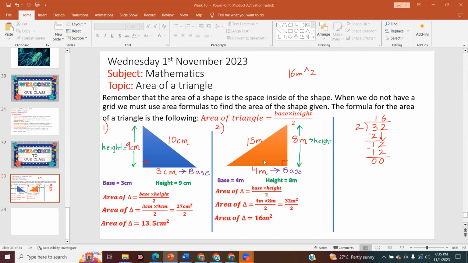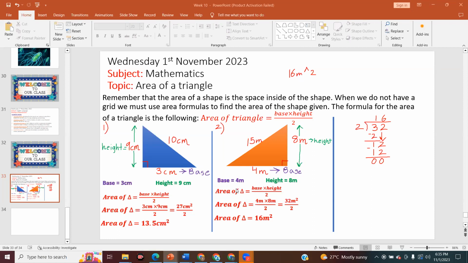What is the base of this triangle? 4 meters, good. What is the height of the triangle? 8 meters. So the base is 4 and the height is 8.